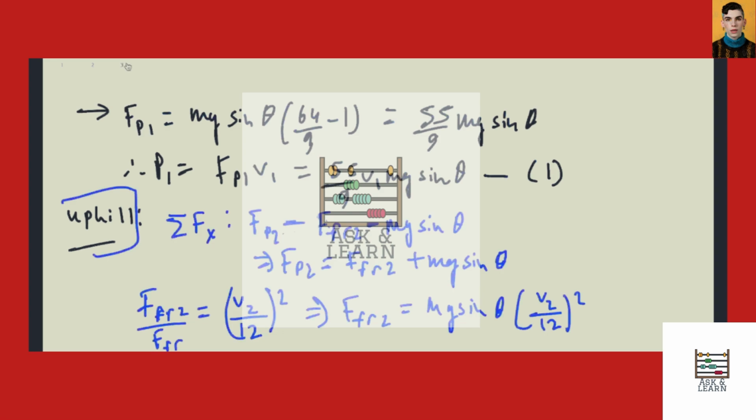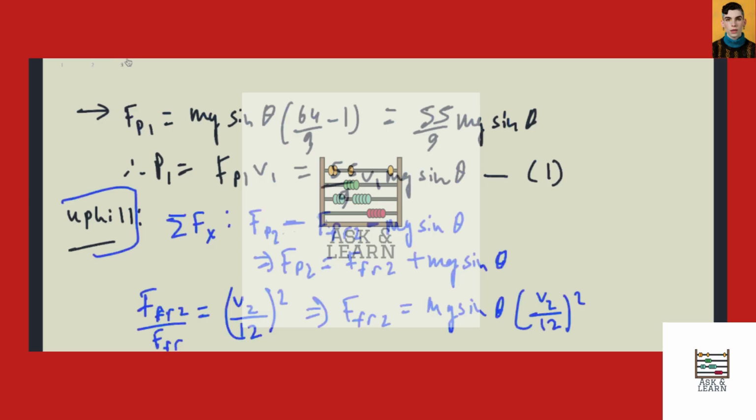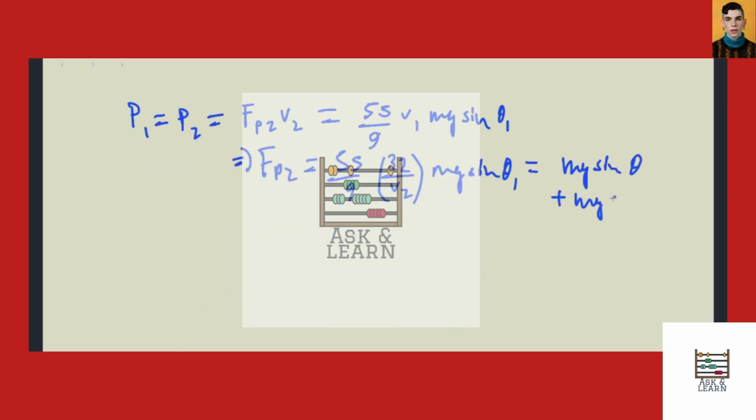From here, we have that FP2 is FR2 plus mg sine theta. And so this is actually equal to mg sine theta plus FR2, which is mg sine theta times V2 over 12 quantity squared. All right.